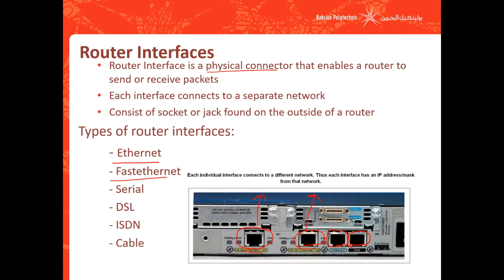There is fast Ethernet. Again, these are used for connecting either switches or hosts. Then you have your serial cable, which is used to connect routers. DSL, ISDN cable, all of these are for other connections, for modems and all of those.